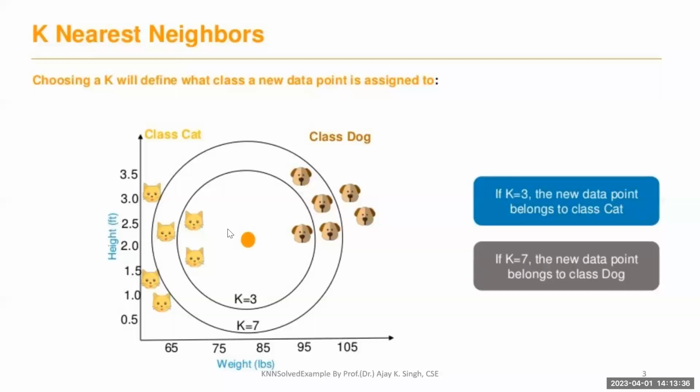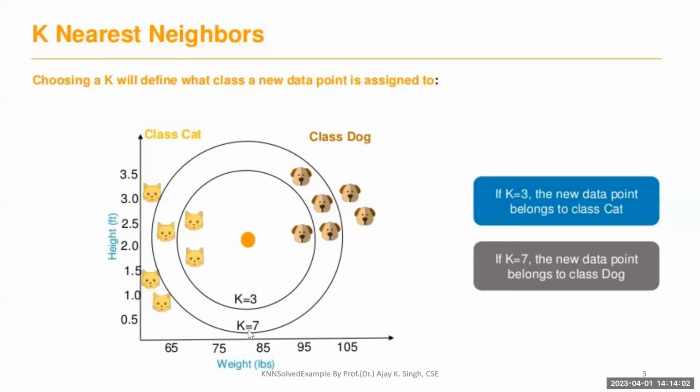Earlier, it belonged to cat because the majority was cat when we took the value of K as 3. K means the number of data points, the number of images in this case. So we took 3 images, that is 1, 2, 3. Since the majority belongs to cat, this test image was classified as cat.